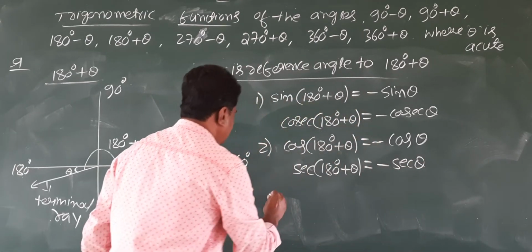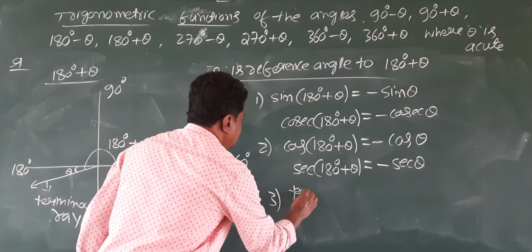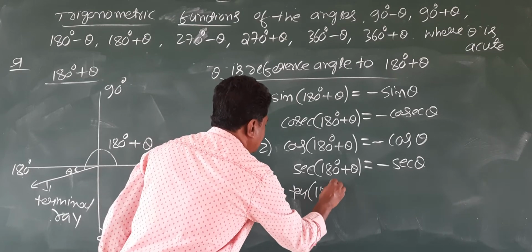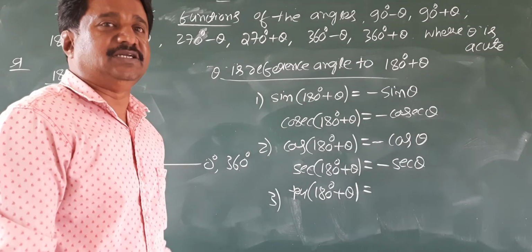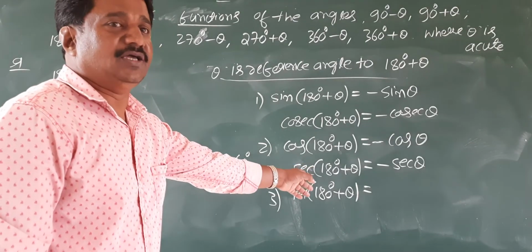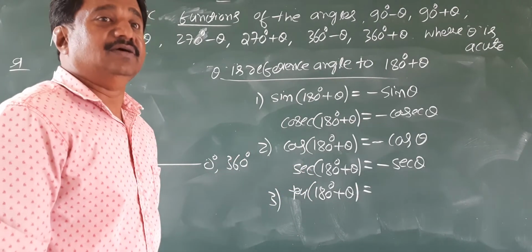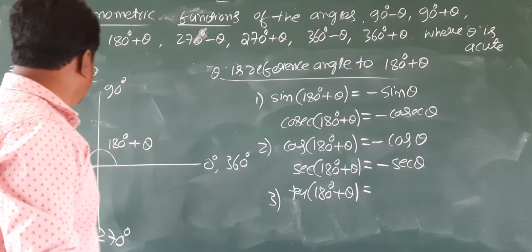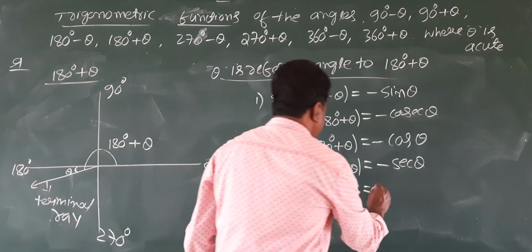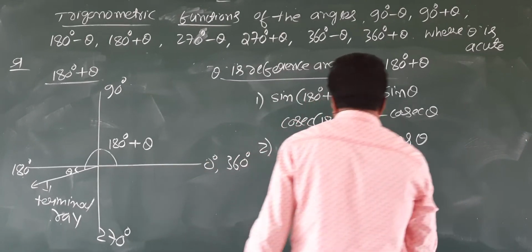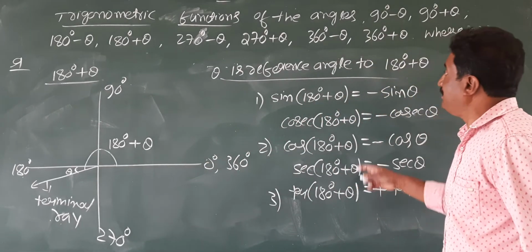Lastly, tan 180 degree plus theta. Again third quadrant. In the third quadrant, tan is positive according to ASTC, plus. So tan theta, the angle related to 180 degree plus theta.